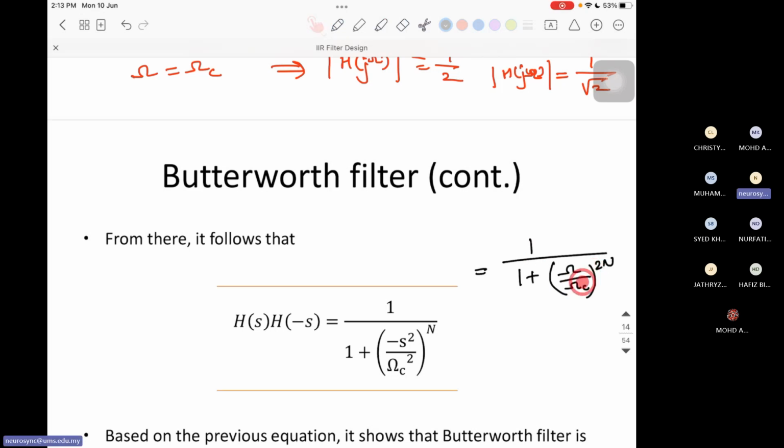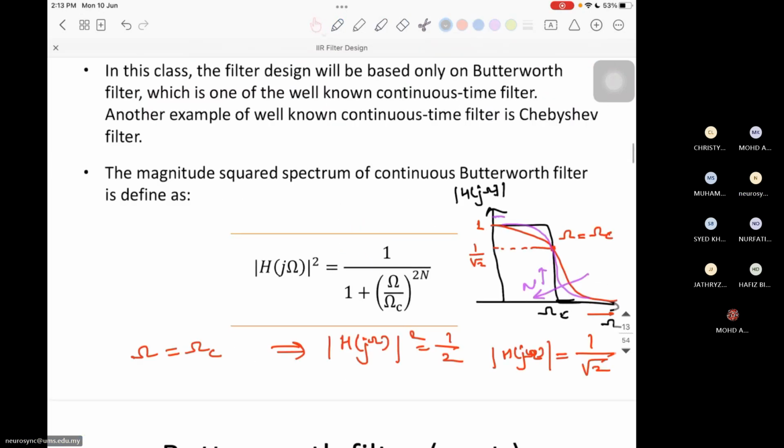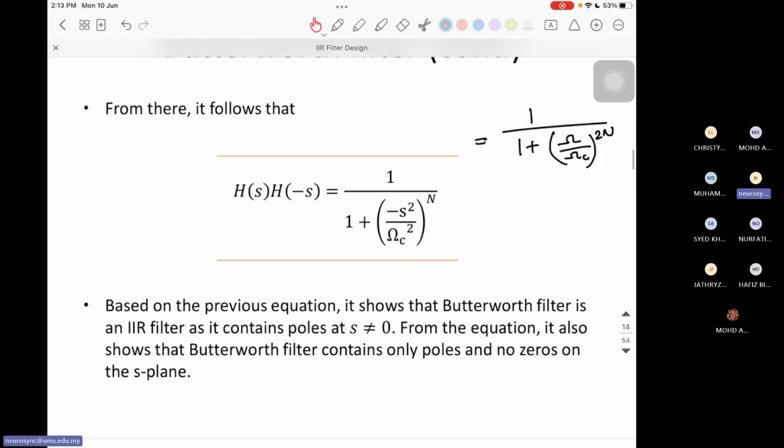So we require the transfer function in the S plane, and through the process of analytic continuation, I can say this magnitude |H(jΩ)|² is H(s) into H(-s).